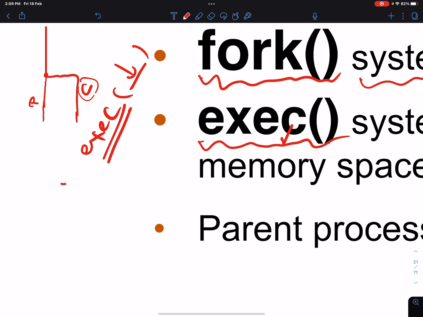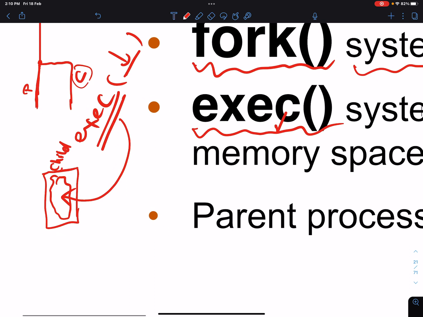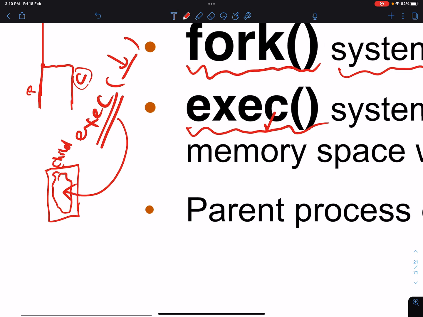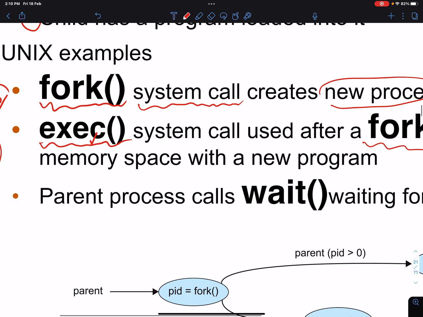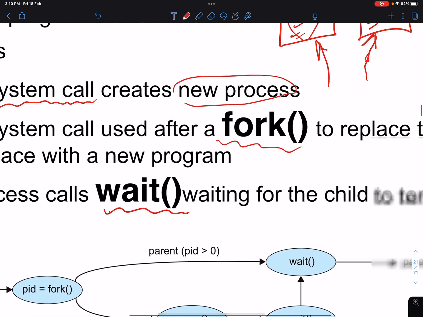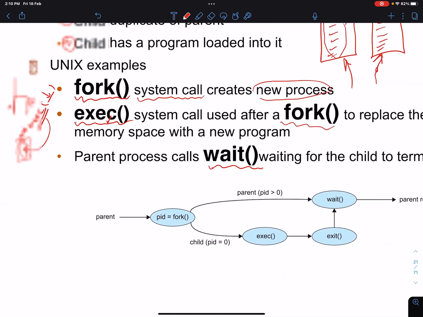Okay, fork will create the shell of the child that has the code. It's a duplicate of the parent. If you want to change that, then you call exec with the name of the other code or program, and then this is going to be loaded. The parent process calls wait to wait for the child to terminate. Okay. Look at that.